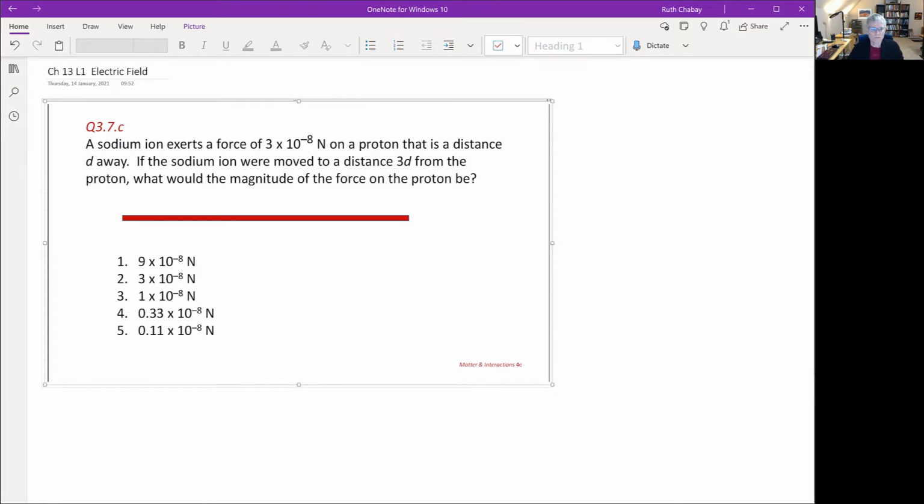A sodium ion, which is sodium plus 1, so sodium that's lost 1 electron and has a charge of plus e, exerts a force of 3 × 10⁻⁸ newtons on a proton that's some distance d away. If we move this sodium ion a distance 3d away, what would the magnitude of the force on the proton be?